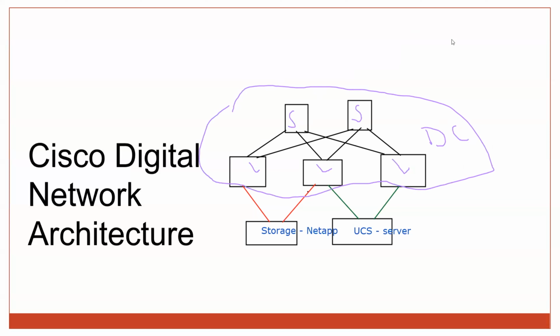Now where we are connecting ACI is this: all these leaves have one connection that will go to one other server, and this server is nothing but one management box, which is known as the APIC controller. From the APIC controller, you can manage the leaf and spine configuration, the stats, upgrades, everything. And this entire architecture, leaf spine plus APIC, is nothing but ACI infra.